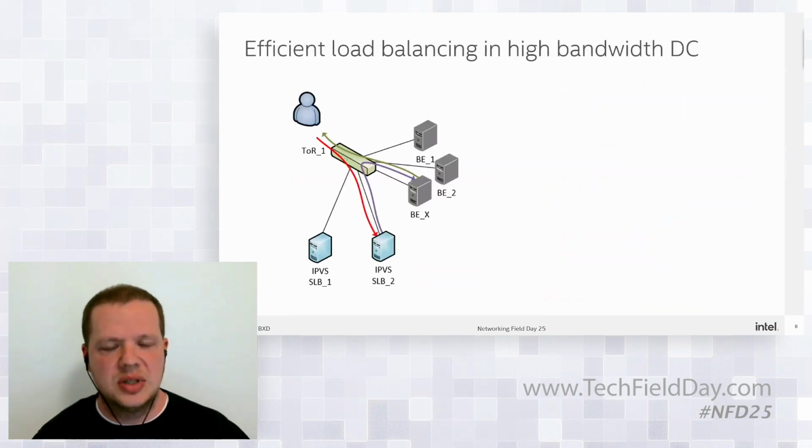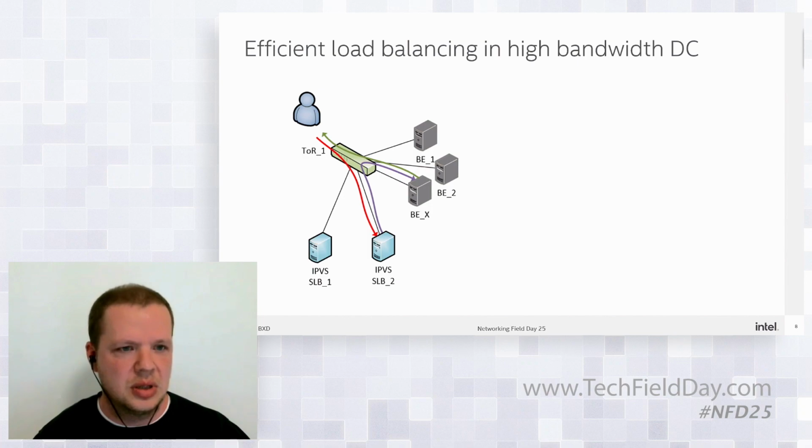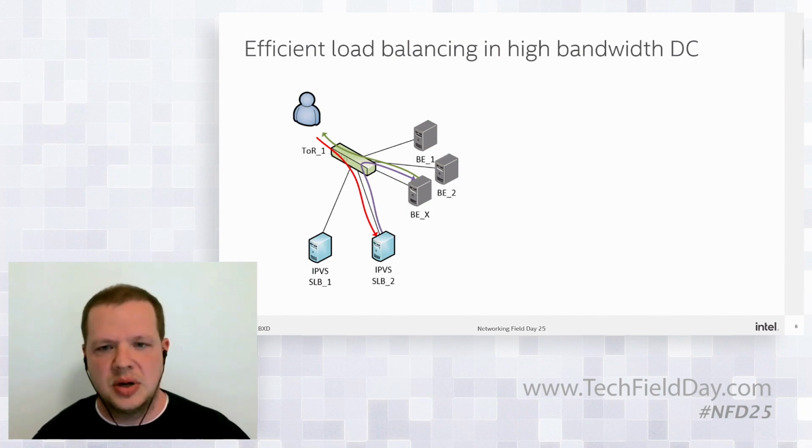So how does that look in the network? Well, we can see the typical configuration where client traffic coming to the data center needs to go to the SLB software first, which is the blue box at the bottom. In this case, it is implemented by IPVS, which is part of the Linux kernel.